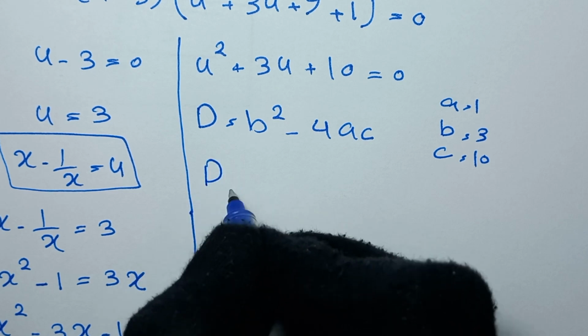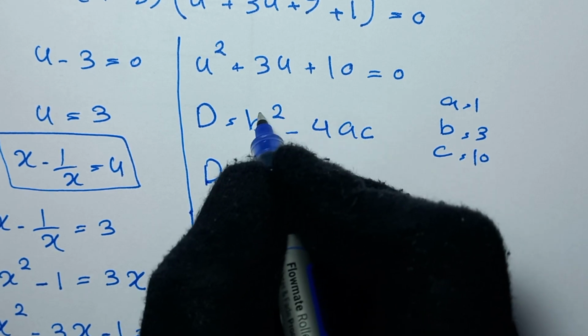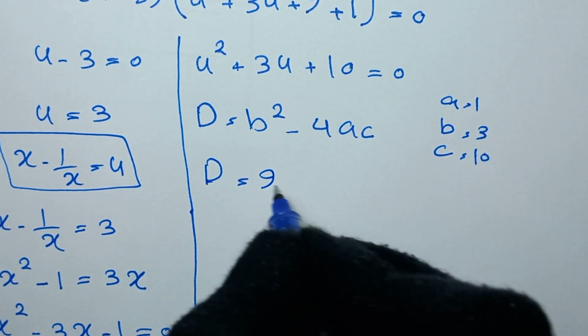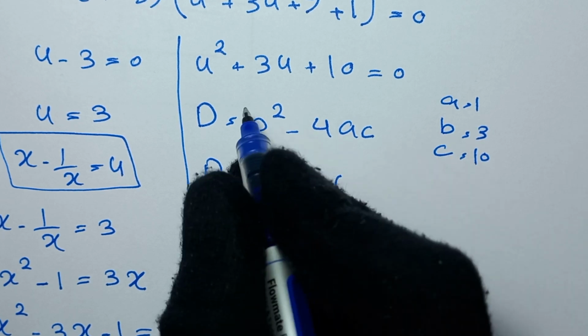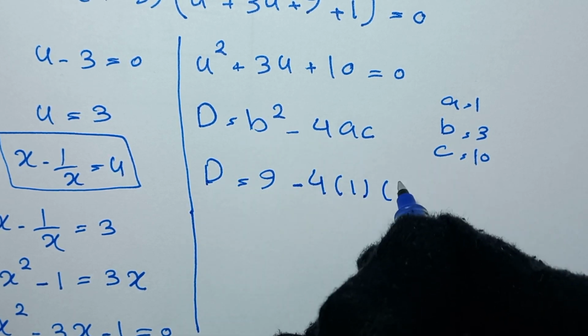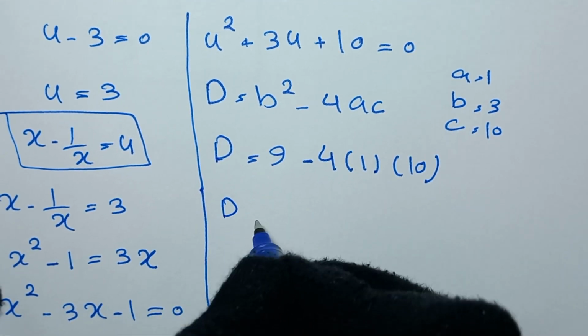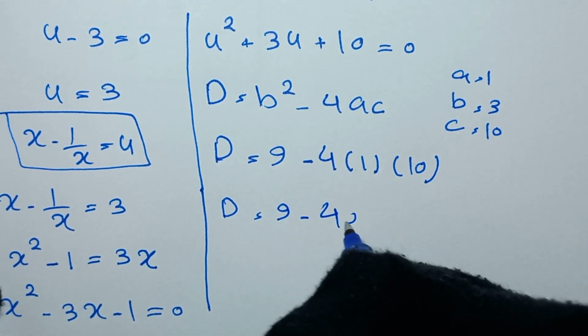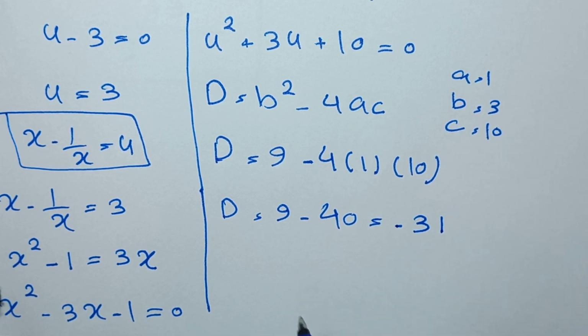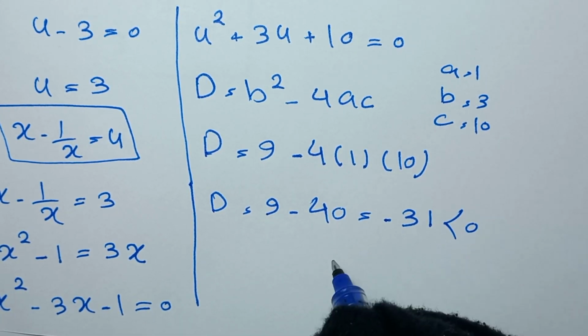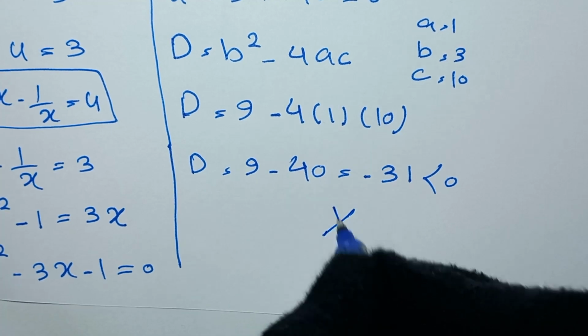And the discriminant is equal to b squared, 3 squared is 9, minus 4 times a is 1, and times c is 10. And the discriminant is equal to 9 minus 40, and it will be negative 31. And this is less than 0, so in here we have no real solution.